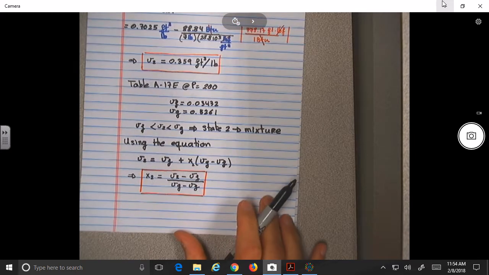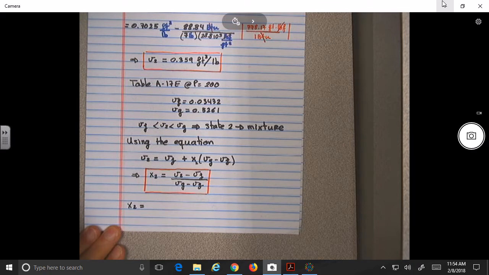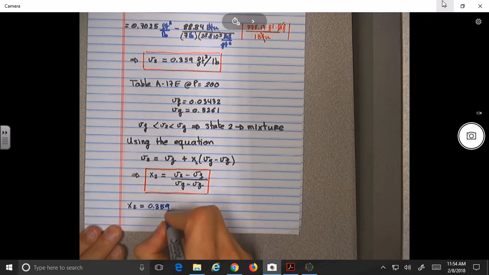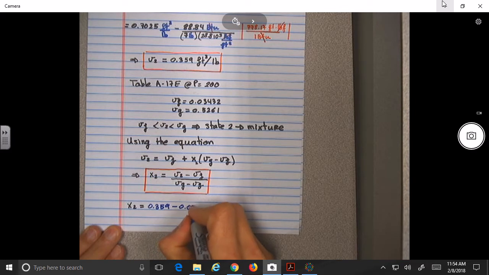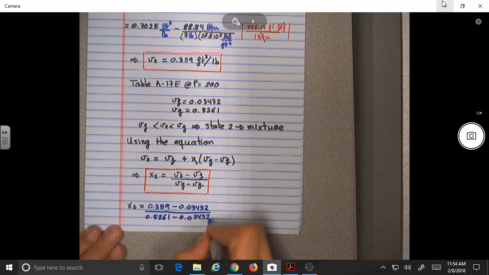If we do the numerical application, x2 will be equal to V2, 0.359, that's the value you gave me, minus 0.03432, divided by 0.5261 minus 0.03432.